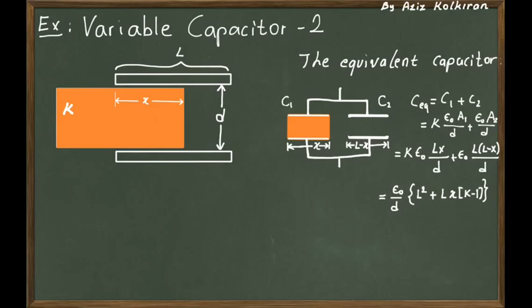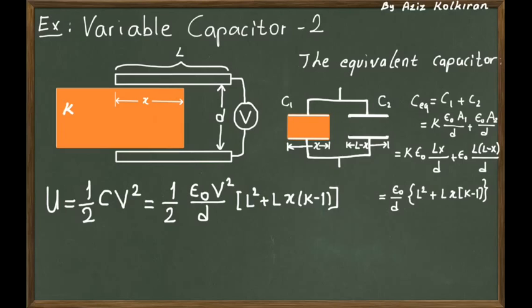Now, if we keep the potential difference between the plates fixed, or if we connect this partially filled capacitor to a battery, which means fixing the potential difference between the plates, we can express the total energy as 1 over 2 C V squared.